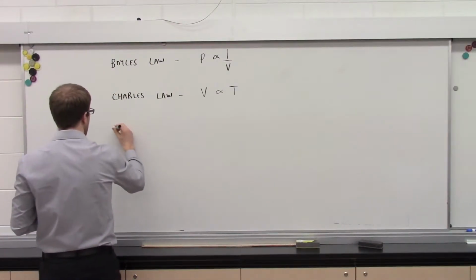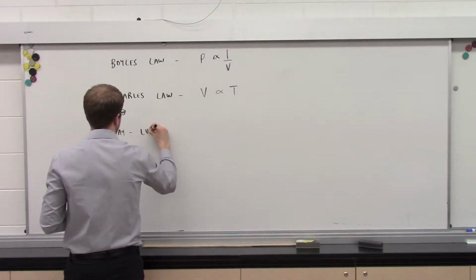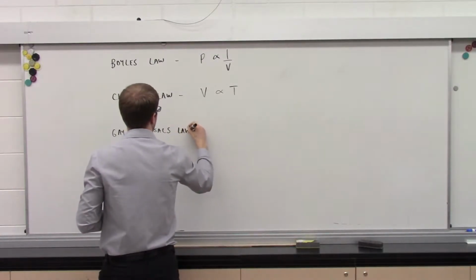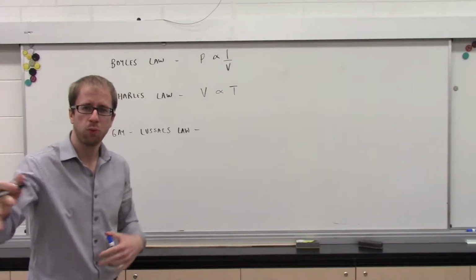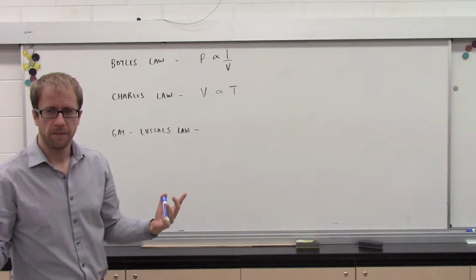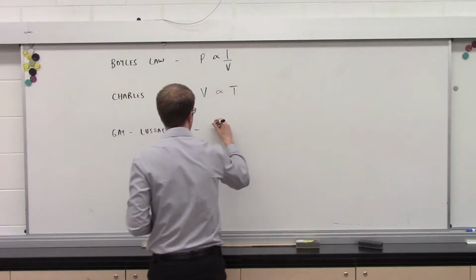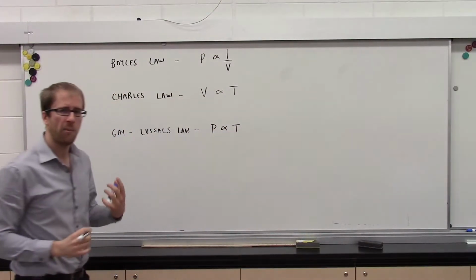And then last up was Gay-Lussac's law. Now, this was the law in which we explored the relationship between pressure and temperature. How were those two things related? Yeah, that's right. It was directly proportional. So our pressure is directly proportional to our temperature.